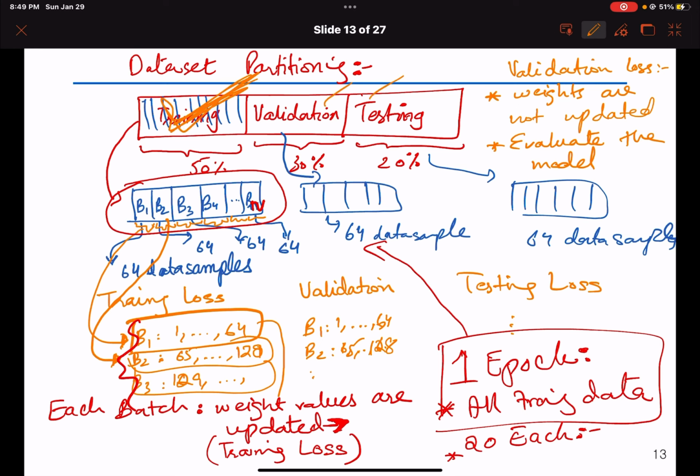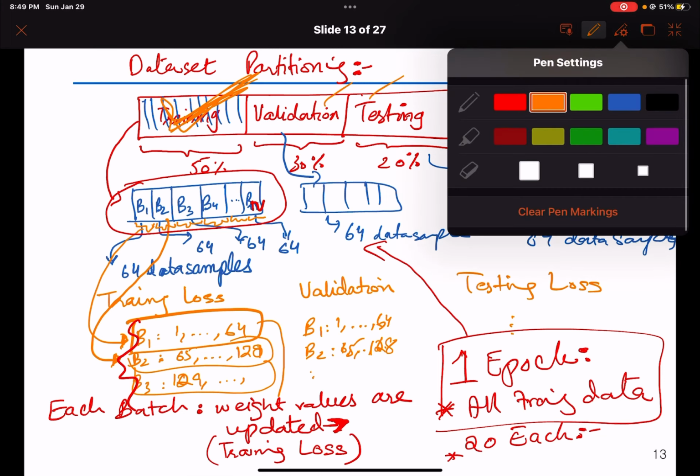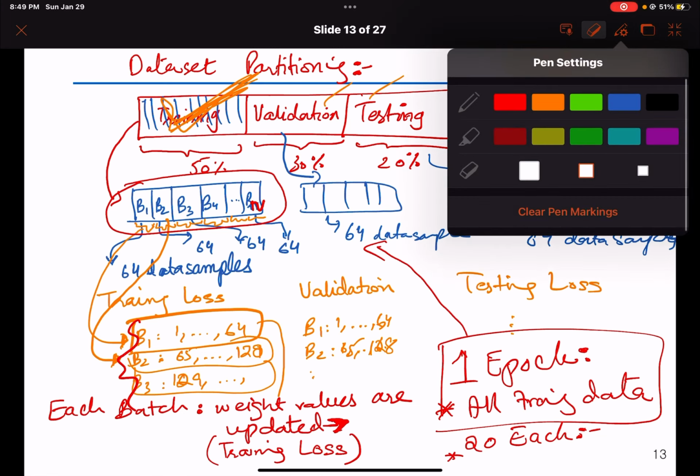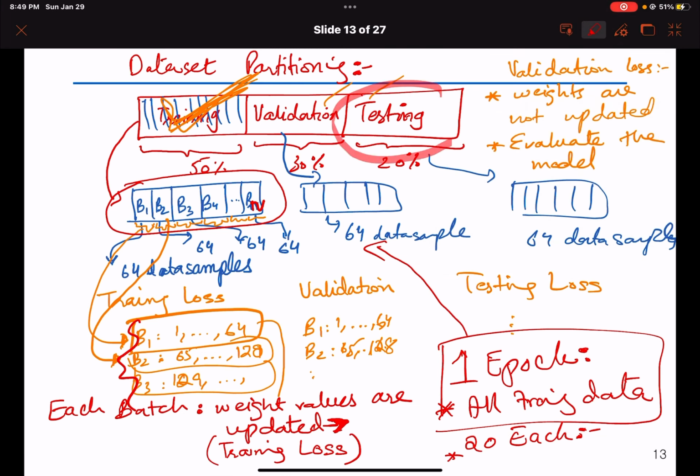At validation and testing time, the model weights are not updated. And when we have completed the epochs, we will have your test data, and we can estimate the testing loss, where the weight values are not updated.